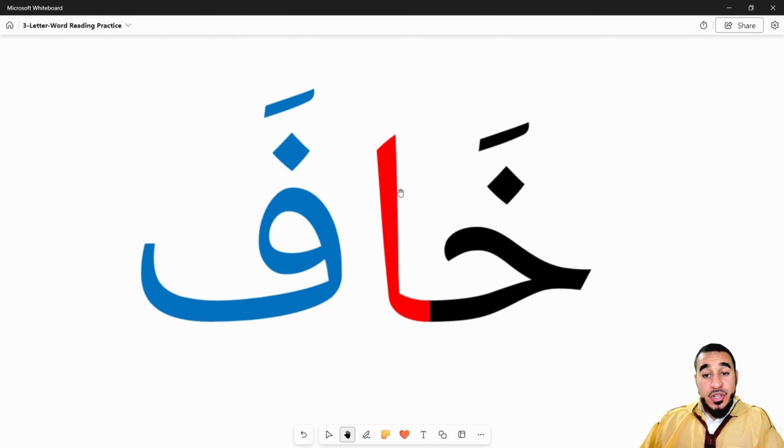Right. And it's also important that the alif, when it's from the letters of med, from the letters of lengthening or elongation, does not come with the little hamza sign at the top. Okay? It must not come with this sign at the top. All right? It must be without the hamza.